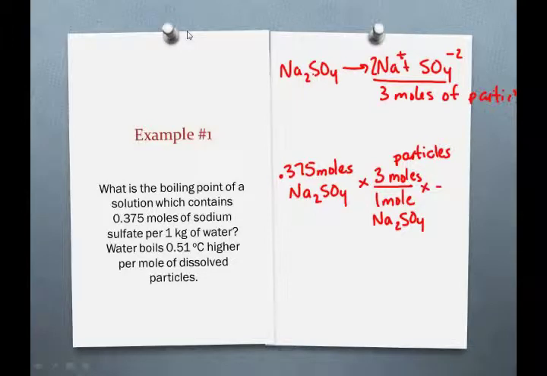And then we use this information about the fact that water has a 0.51 degrees Celsius higher boiling point per mole of dissolved particles. So per 1 mole of particles. Now, using dimensional analysis, particles here and particles here cancel, and moles of sodium sulfate cancel, and I'm left with degrees Celsius.